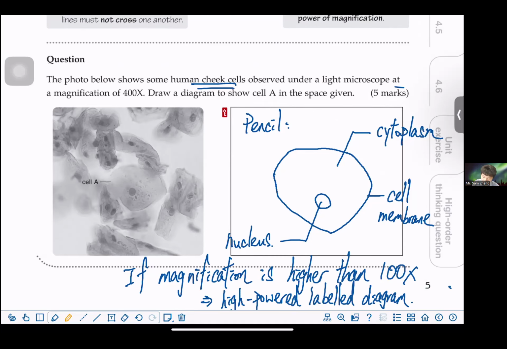In this case, we can see that it is 400 times, so it would be a high power labeled diagram of a human cheek cell.